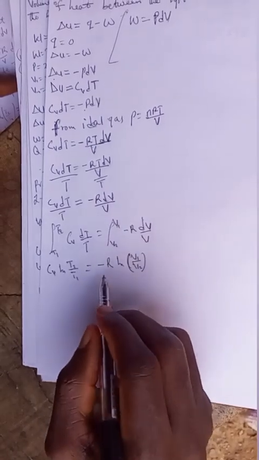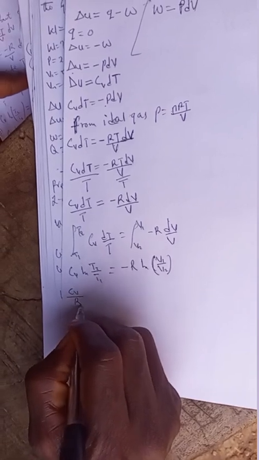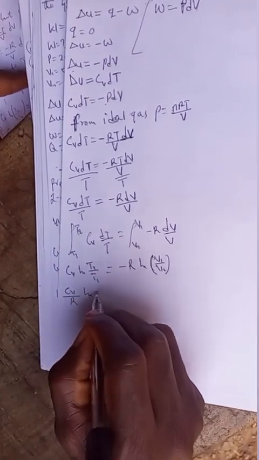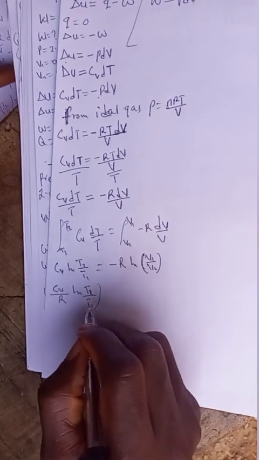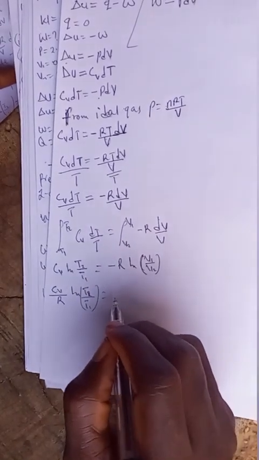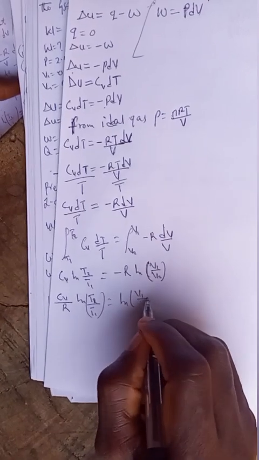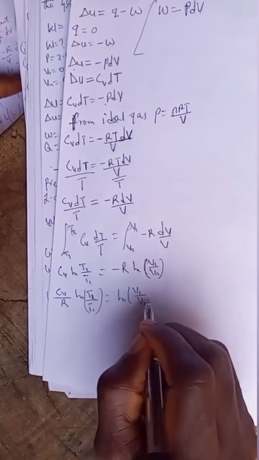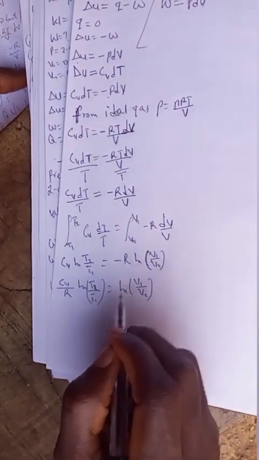So take minus R to both sides. Then this will be CV divided by R ln T2 over T1 is equal to ln V1 over V2. The minus R has cancelled each other here, so there's no more R here.